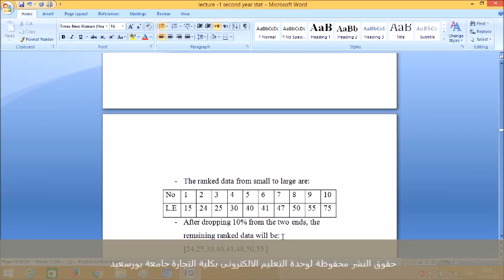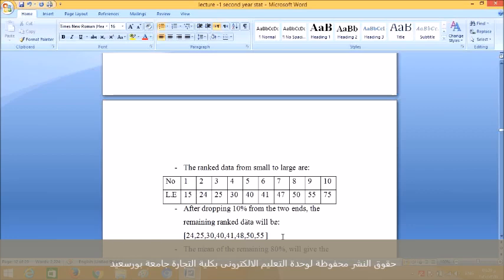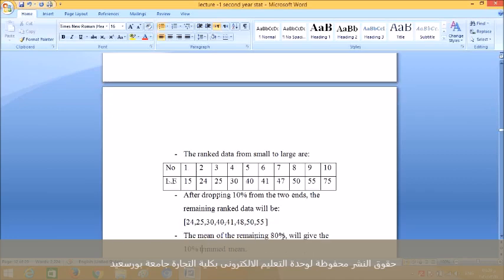So we have to omit 10% from the right side and 10% from the left side. The mean of the remaining 80% will give the 10% trimmed mean. Okay, so 10% means omit 10 from the right side and 10 from the left side and compute the mean for the remainder of the data set.